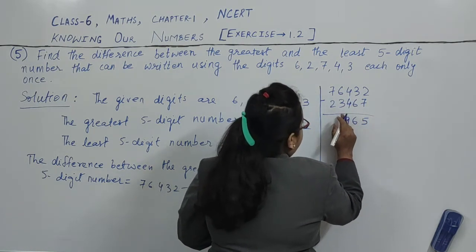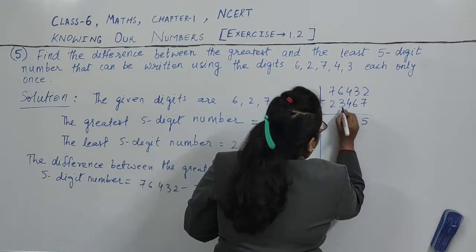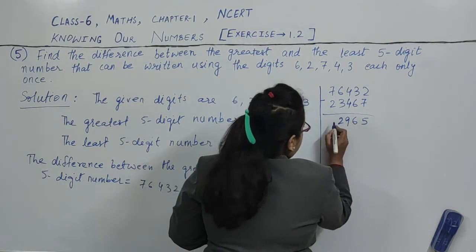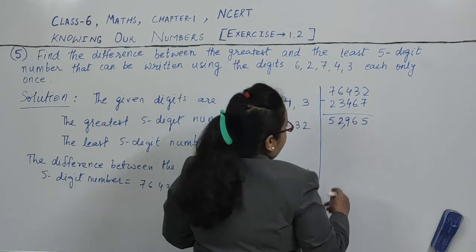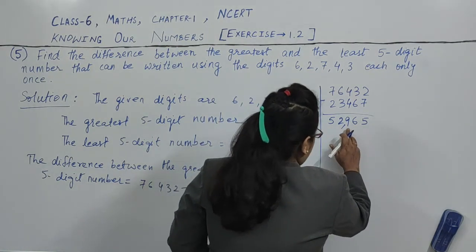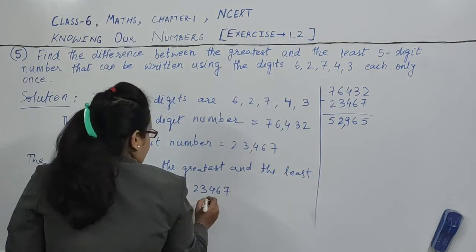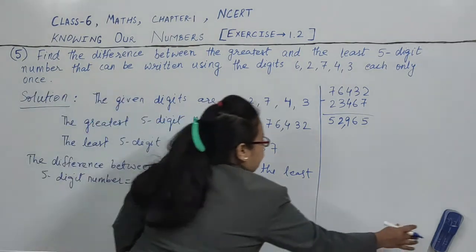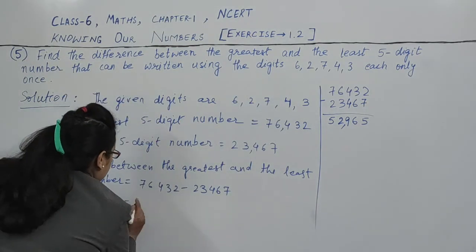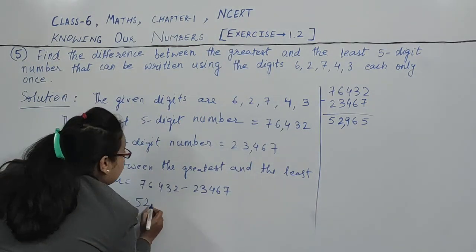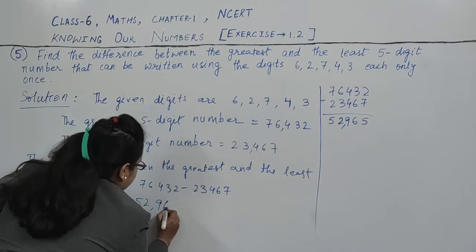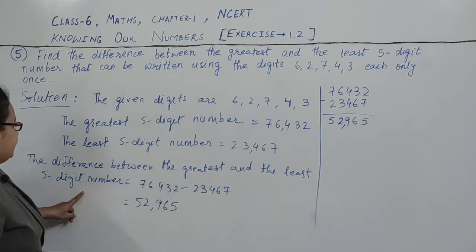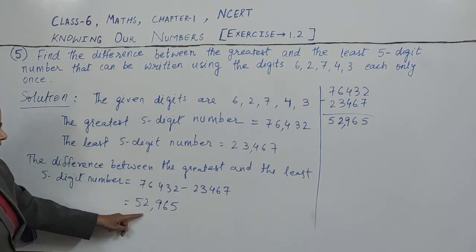This is 5. 5 minus 3 is 2. And 7 minus 2 is 5. So this is 52,965. So we got the difference between the greatest and the least 5-digit number equal to 52,965, right?